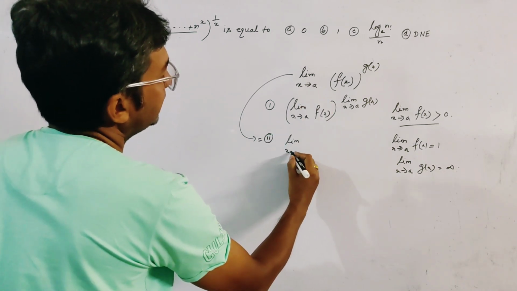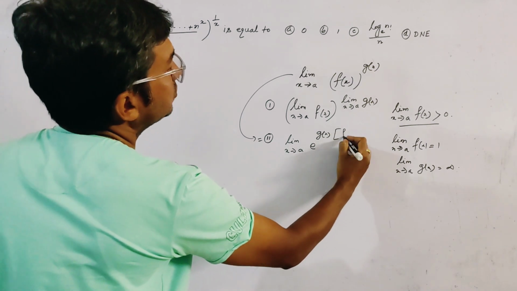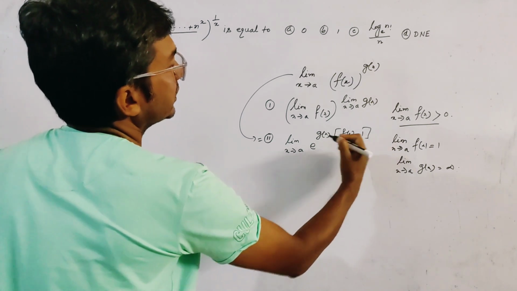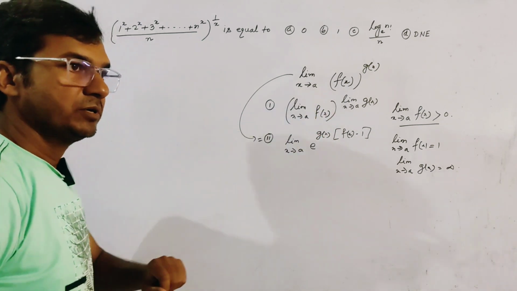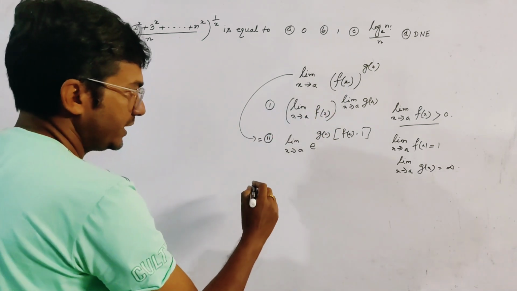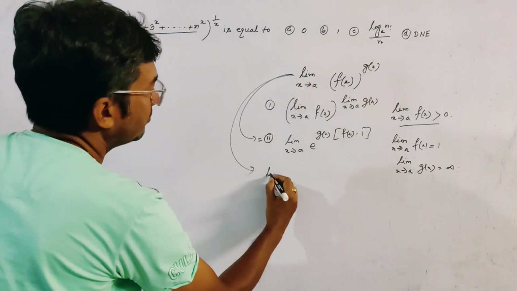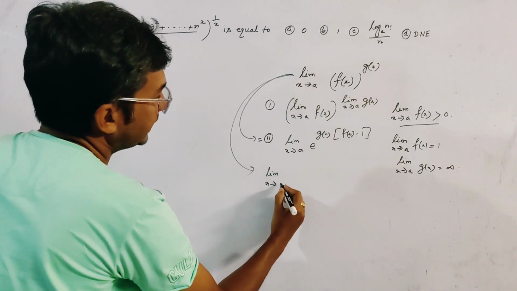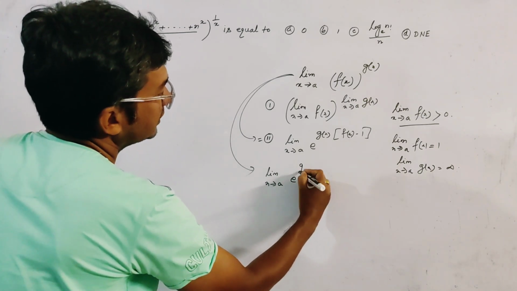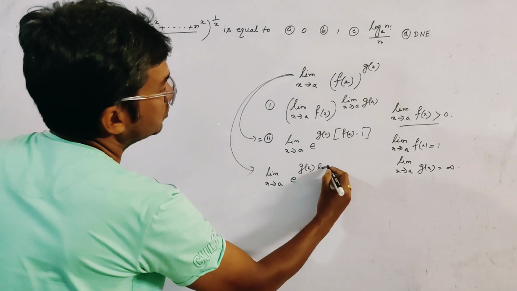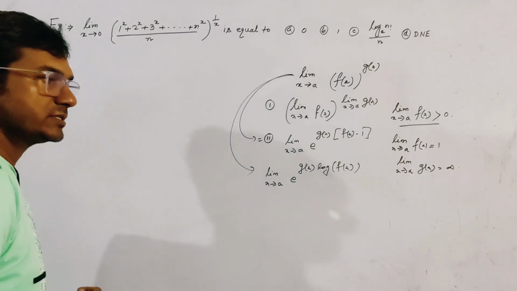as limit x tends to a of e to the power g(x) times (f(x) minus 1). But why can we write this limit in this form? The reason is that we write this limit by simply taking the exponential function: e to the power g(x) times log f(x).